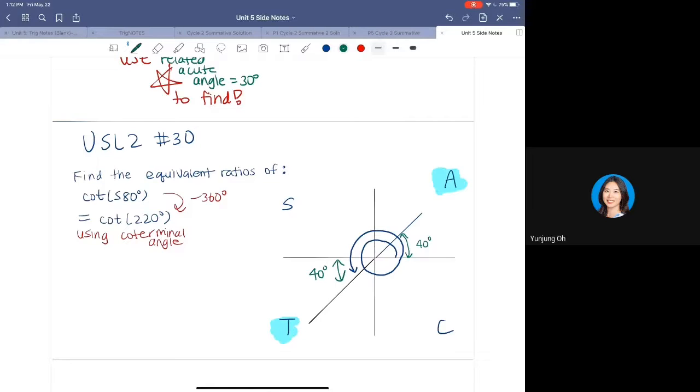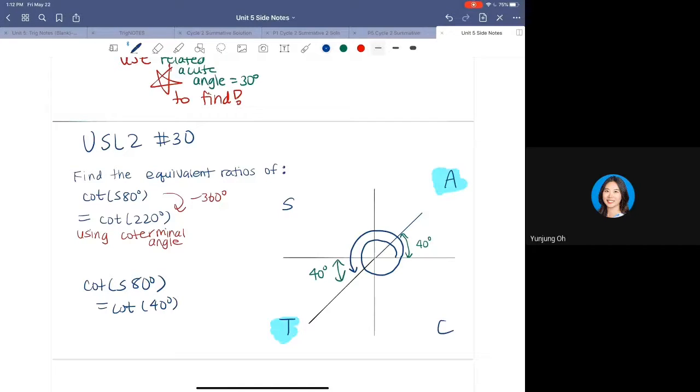So what I'm doing here is that if this is cotangent 220, I could also write cotangent of 40 degrees as my answer, and they will be equivalent because according to CAST, they're going to be equal values, because we're dealing with the same related acute angle and it's the same sign. So another version that I might come up with is writing cot 580 degrees is equal to cot of 40 degrees.